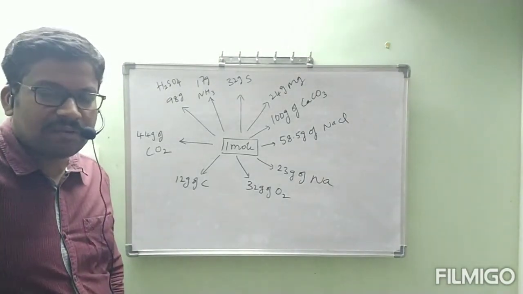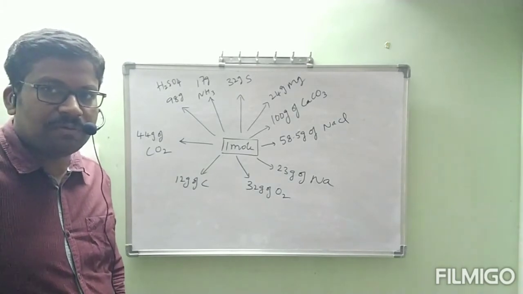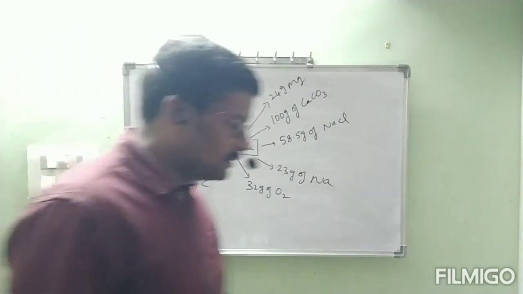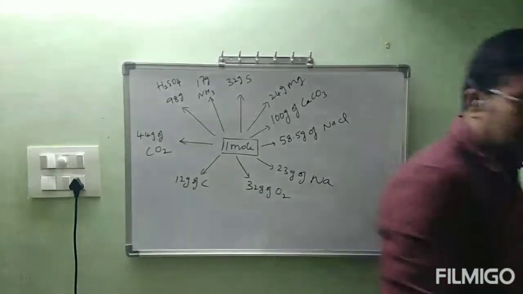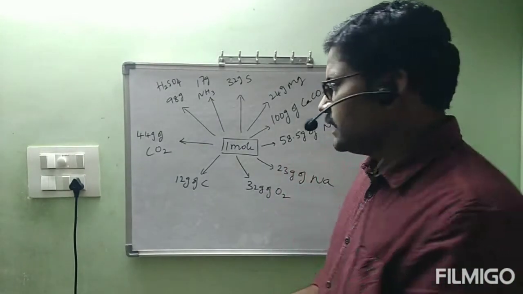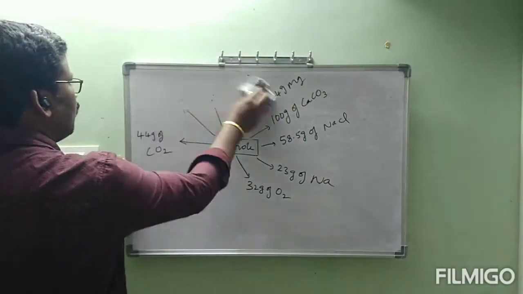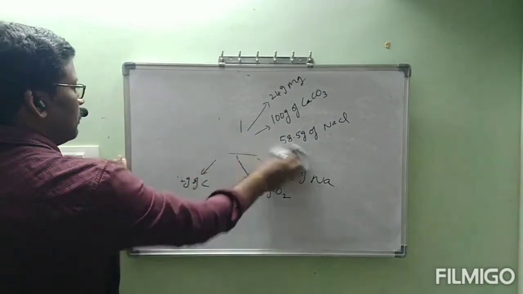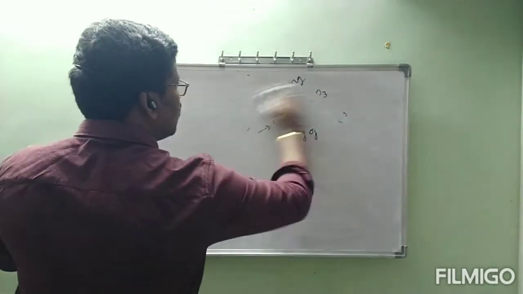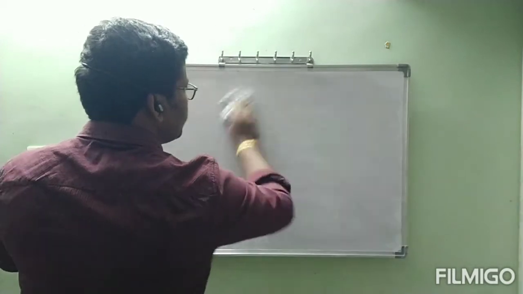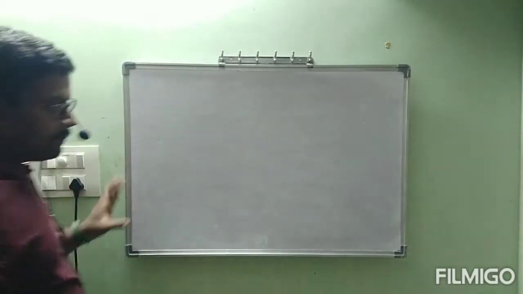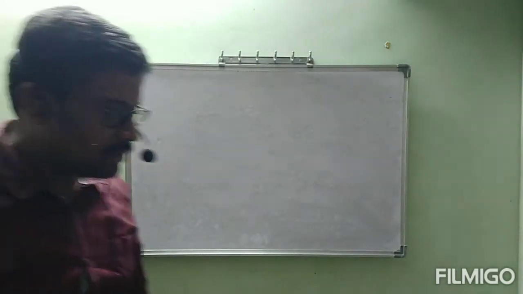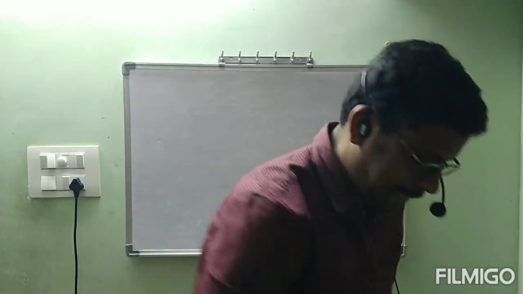Next, some more important definitions are there. Before going to that, I hope you are very clear about this one. We will next continue with the formula, number of moles. Before going to the number of moles concept, one question I will ask.